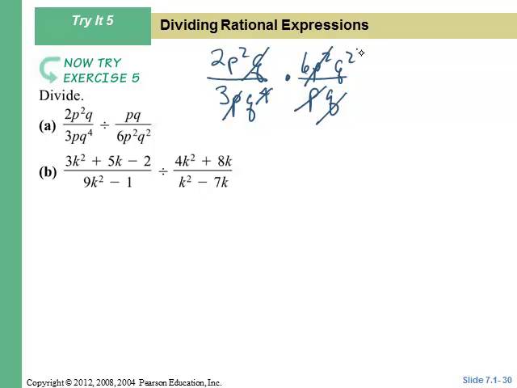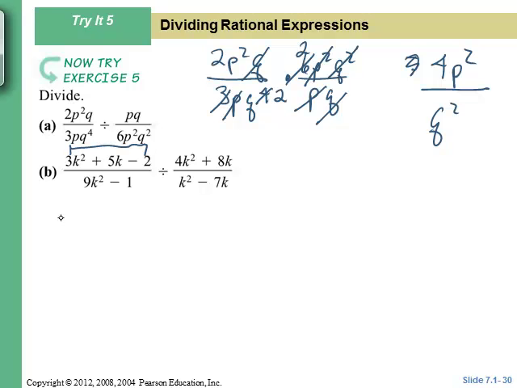Q to the fourth cancels two of those, so we're left with a q squared. So we have 3 cancels against 2. 2 times 2 is 4. P squared over q squared.